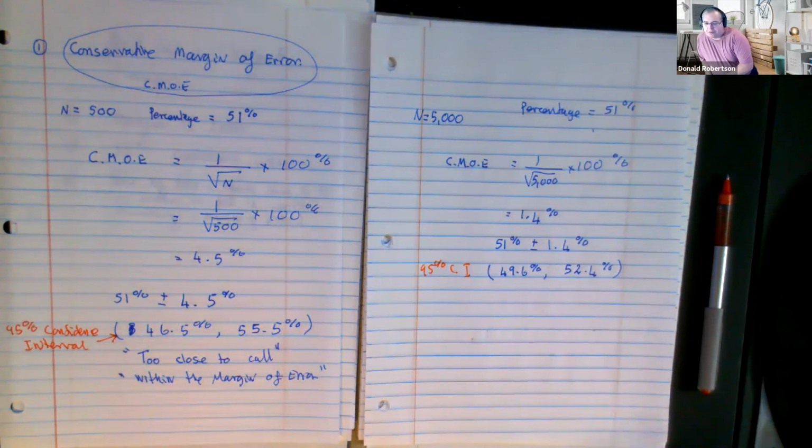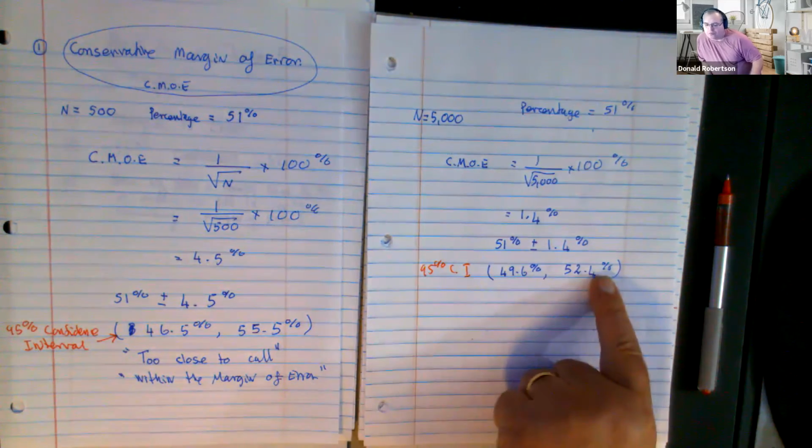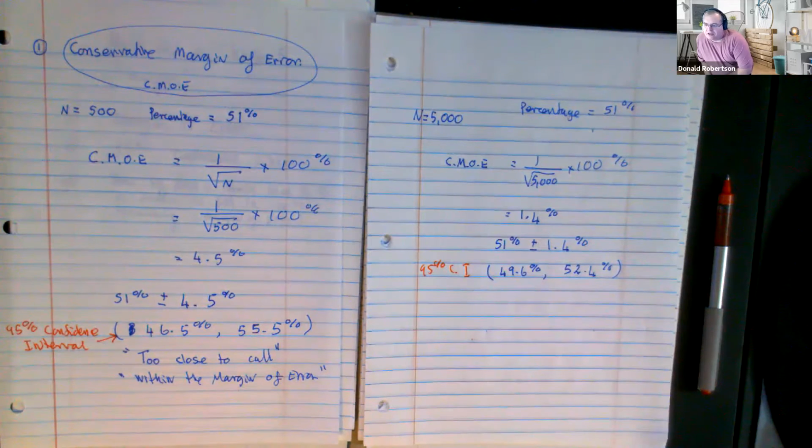Can the newspaper say candidate A is going to win? Based on the numbers in this interval, can you say for sure candidate A is going to win, or is it still too close to call?